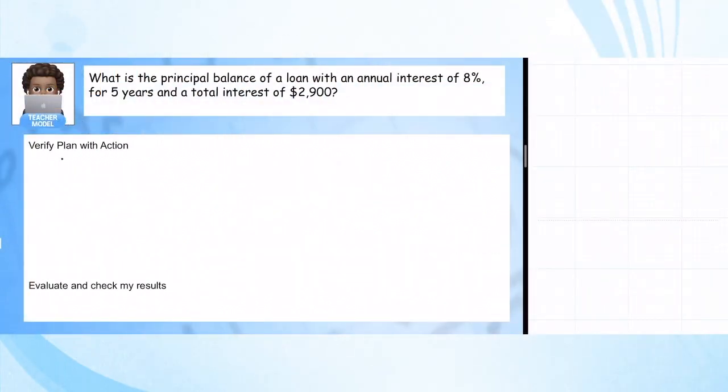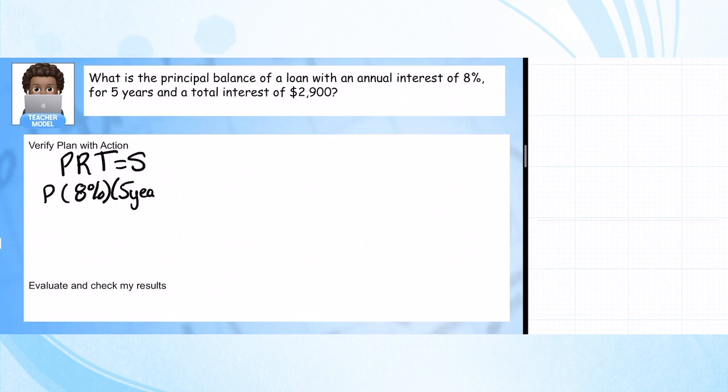Okay, we're going to start by putting in our formula. That's the first part of our plan for pretty simple. And we don't know our principal, that's our unknown. We know the rate is 8%. We know time is 5 years. And we're going to have an interest of $2,900 earned. So let's rewrite this.